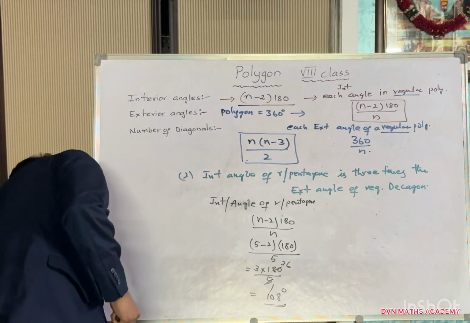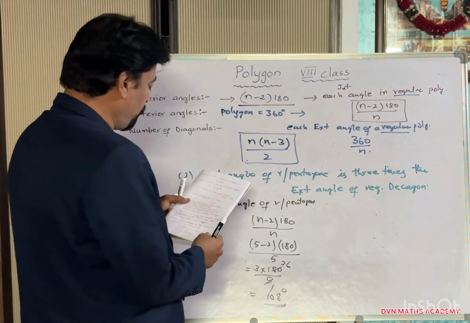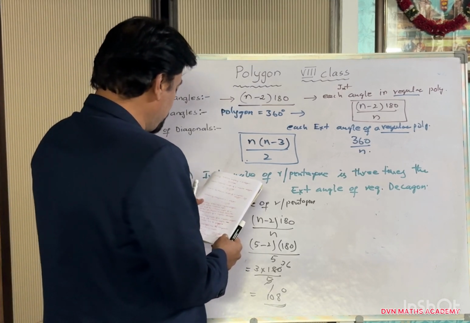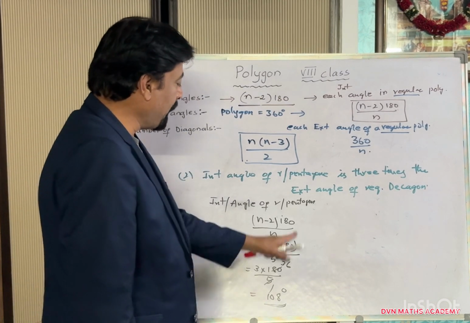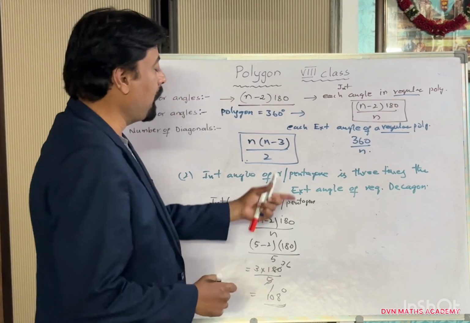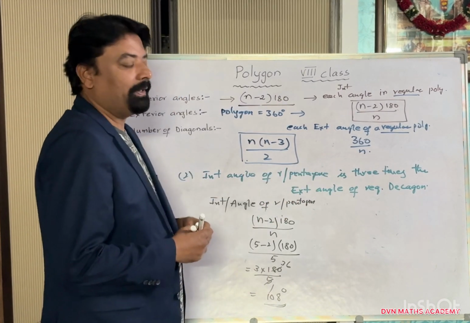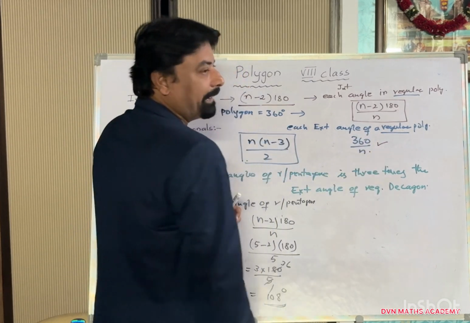So here the question is, prove that the interior angle of a regular pentagon is 3 times the exterior angle of a regular decagon. So this is my interior angle of a regular pentagon. How much I got means 108 degrees. Now you go for the exterior angle of a decagon. Each exterior angle, you know that is 360 by n.